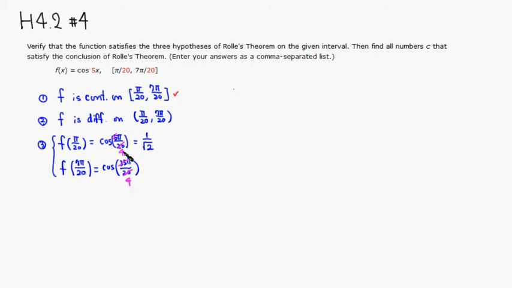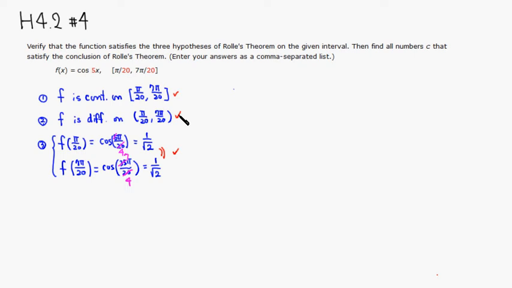Cosine of 7 pi over 4 is again 1 over square root of 2. So this verifies that f of the left endpoint is equal to f of the right endpoint. This is like f of a, and this is like f of b. So all three hypotheses of Rolle's theorem are satisfied.